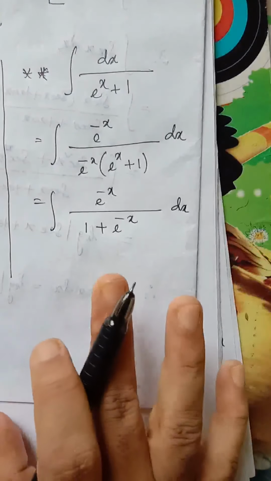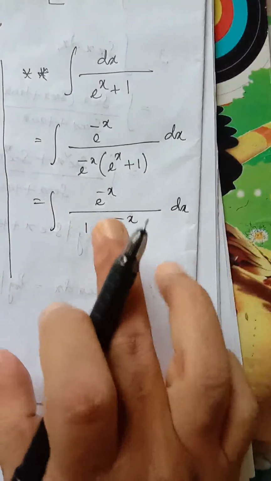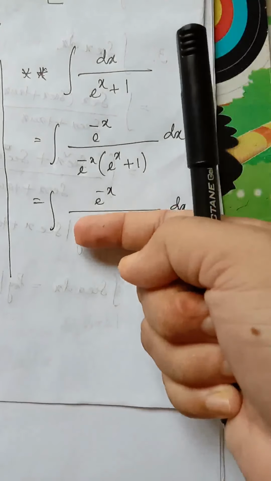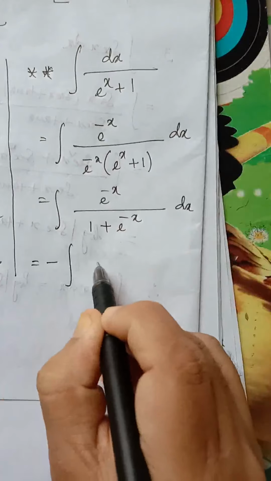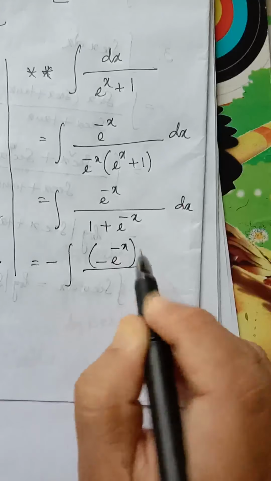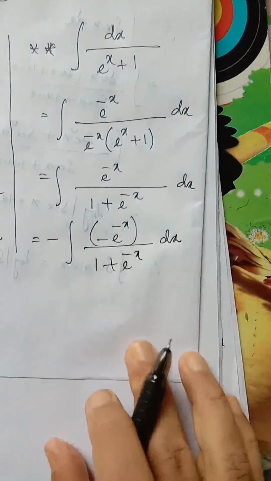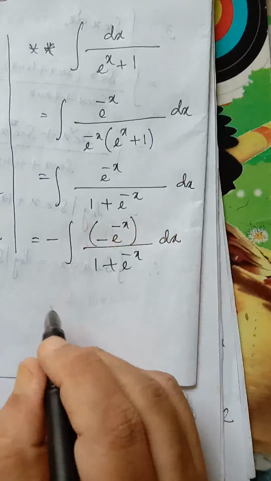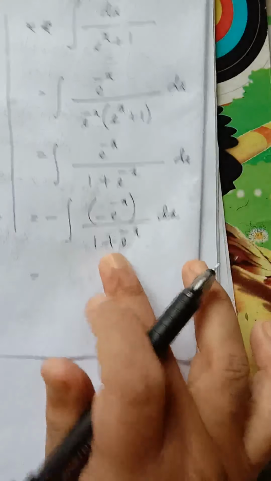The derivative of 1 is 0 and the derivative of e to the power minus x is minus e to the power minus x. So the derivative of the denominator is almost there in the numerator; we only have to adjust the minus sign. So we will write it this way: minus of minus e to the power minus x by 1 plus e to the power minus x. Now clearly the derivative of the denominator is the numerator. So applying the formula, f dash x by f x is log of f x.